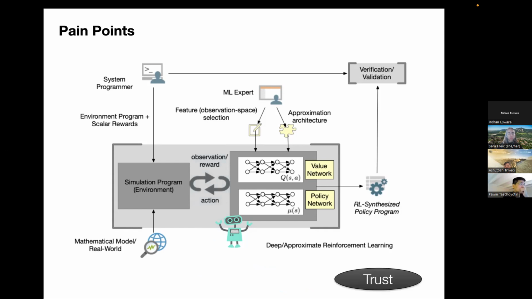Finally, we have the problem of trust, because we have no explicit specification. We may have the problem of garbage in, garbage out. We somehow thought that certain scalar rewards make sense, but we do not know exactly what those rewards mean in real life, right?